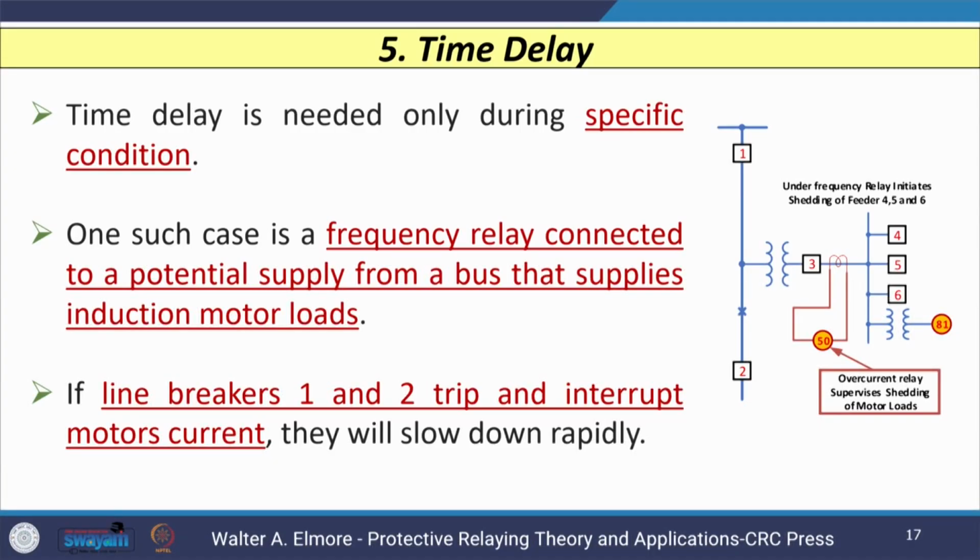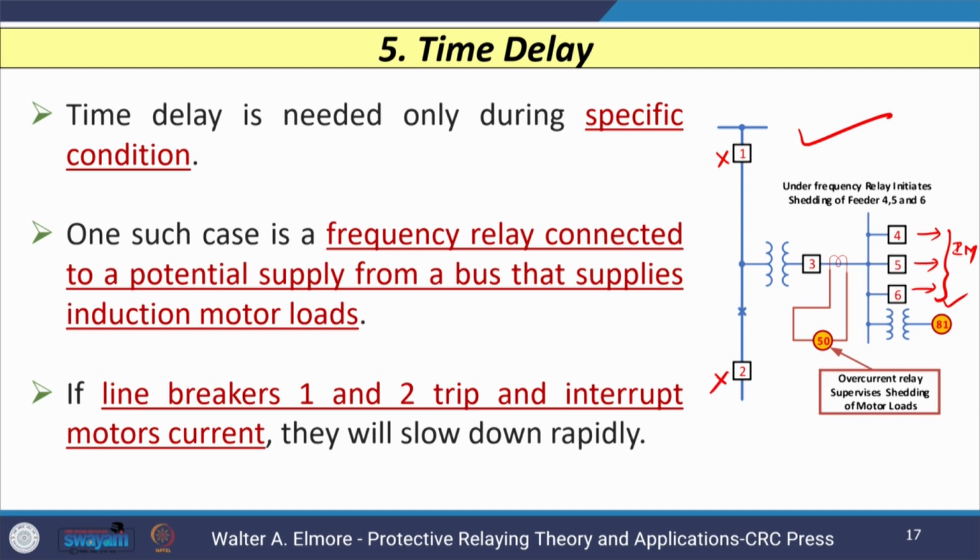For example, one such situation we can consider using this diagram where the frequency relay is connected. So, you can see that 81 is my frequency relay which is connected on the secondary of the PT, and that is going to supply motor loads. Here you can see the induction motor loads. Now, for some reason, let us say circuit breaker 1 and circuit breaker 2 both trip.